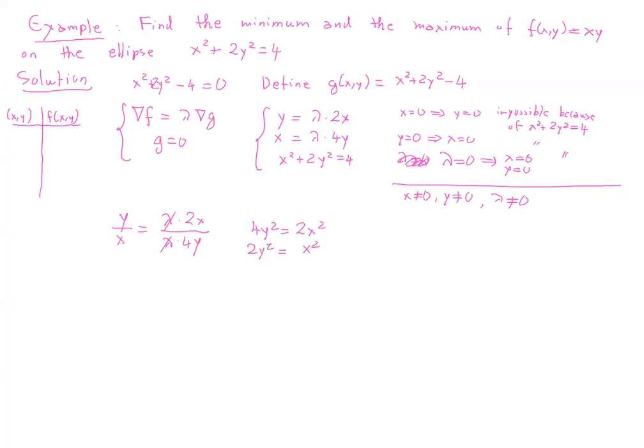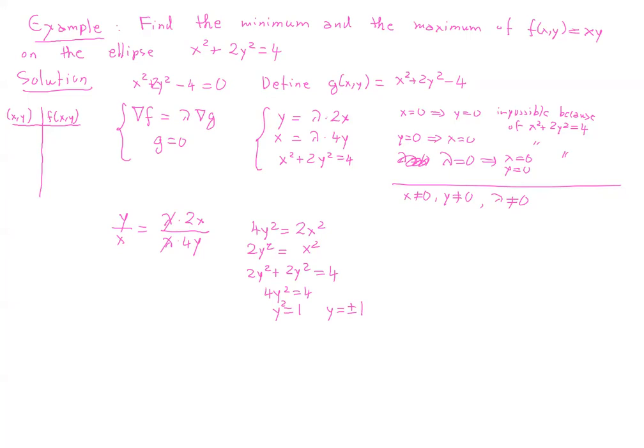And now, every time we get something like that, we go to our constraint and plug it in. We replace x squared by 2y squared, and that gives us 2y squared plus 2y squared is equal to 4. Which means that 4y squared is equal to 4, so y squared is equal to 1, which means that y is equal to plus or minus 1.